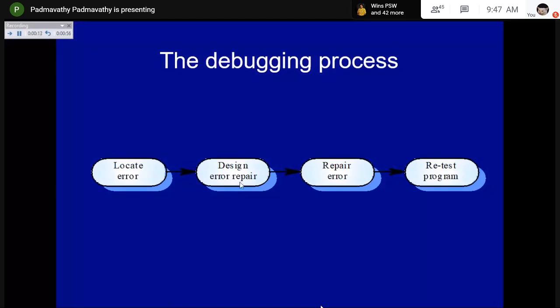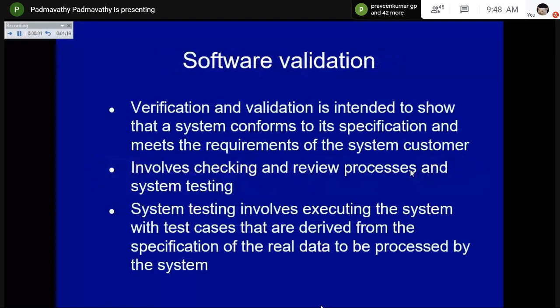The errors can be rectified in the design also. Once you repair it, on identifying the error, you once again retest the program. That is, after you debug it, you are going to test again whether the program is working correctly. So this is the debugging process. Finally, the software validation happens. That is testing.